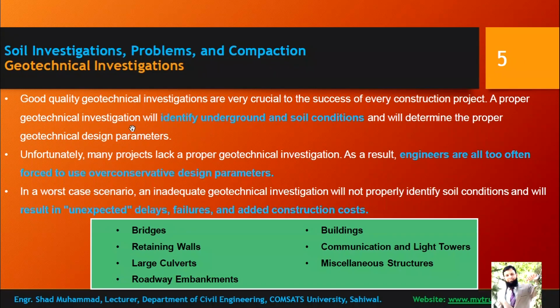A proper geotechnical investigation will identify ground, underground and soil conditions, and will determine the proper geotechnical design parameters. On the basis of these inputs, you have the output of the design of the foundation. Unfortunately, many projects lack a proper geotechnical investigation.